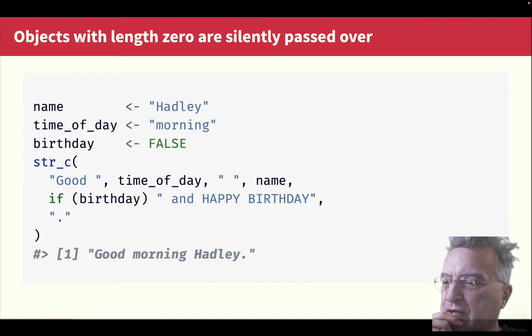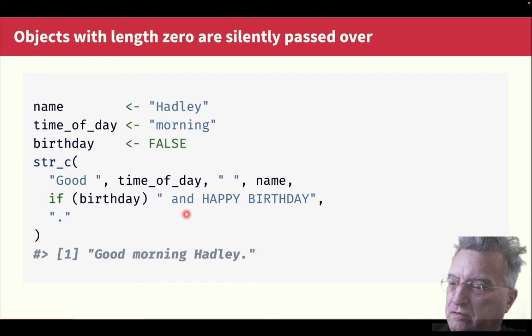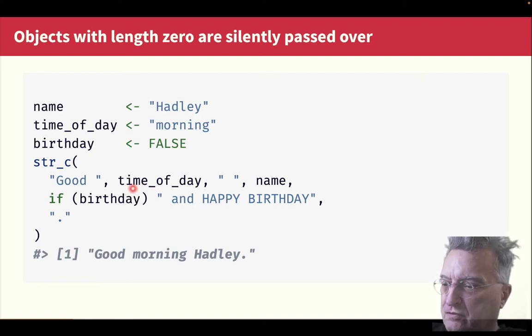So for example, in this case, false has caused this to be length 0. So this says, good morning, Hadley, because the time of day is... wait a minute, good time of day, name, if birthday. So this being false makes this be of length 0.